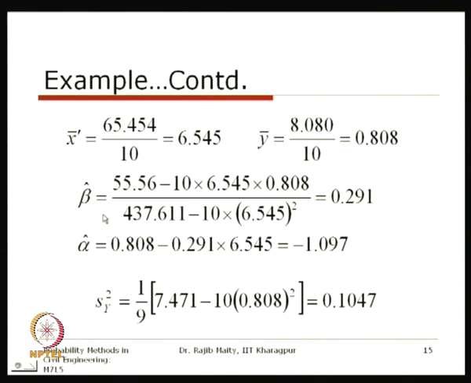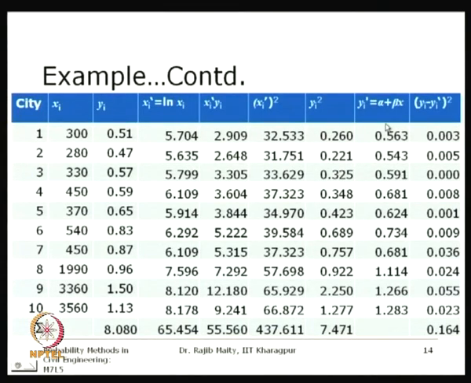Referring to the expression of the least square estimates, the estimate of beta hat will be 0.291, and alpha hat will be minus 1.097, and the unconditional variance of y is 0.1047.